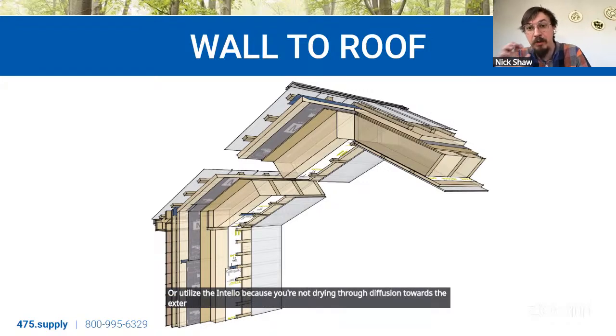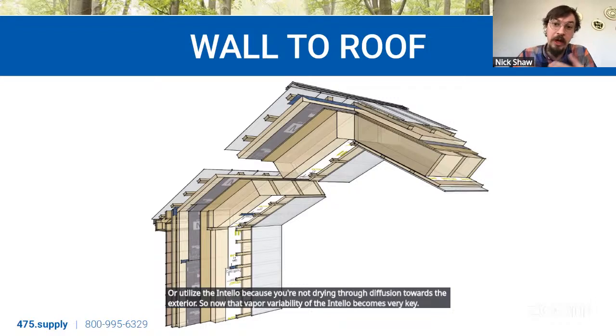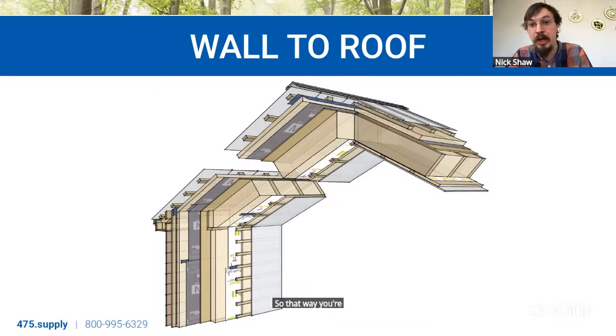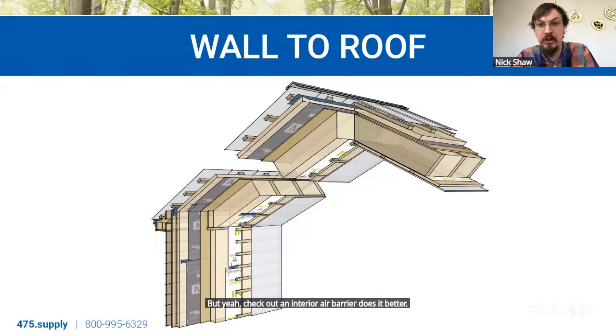So now that vapor variability of the Intello becomes very key, so that way you're not moisture loading the assembly during the winter. But yeah, check out an interior air barrier does it better on our blog posts. And we have quite a few posts around the vapor variability of Intello.